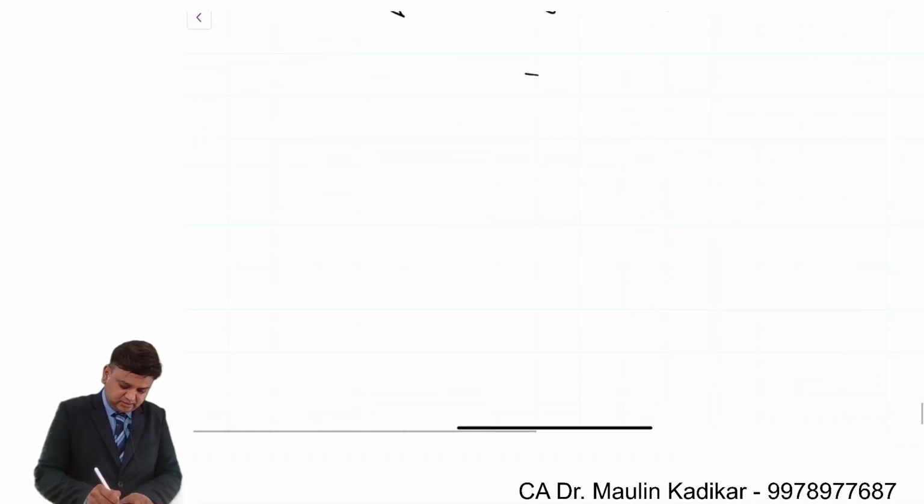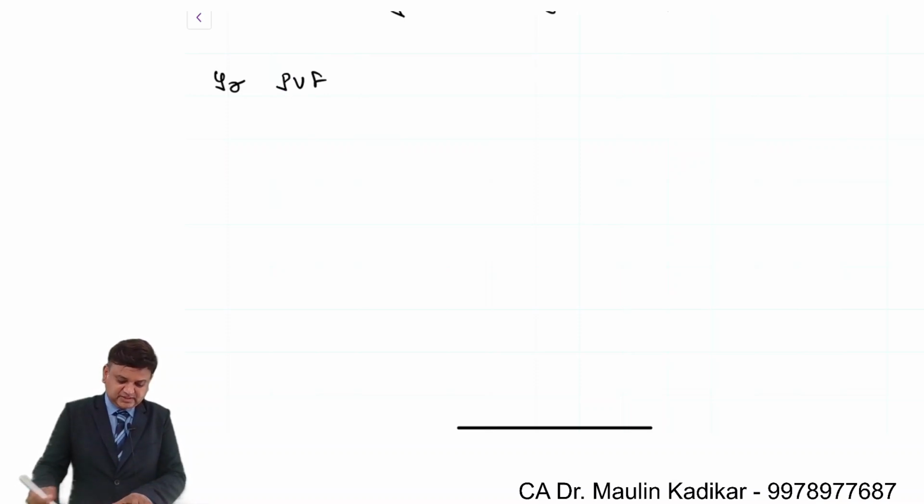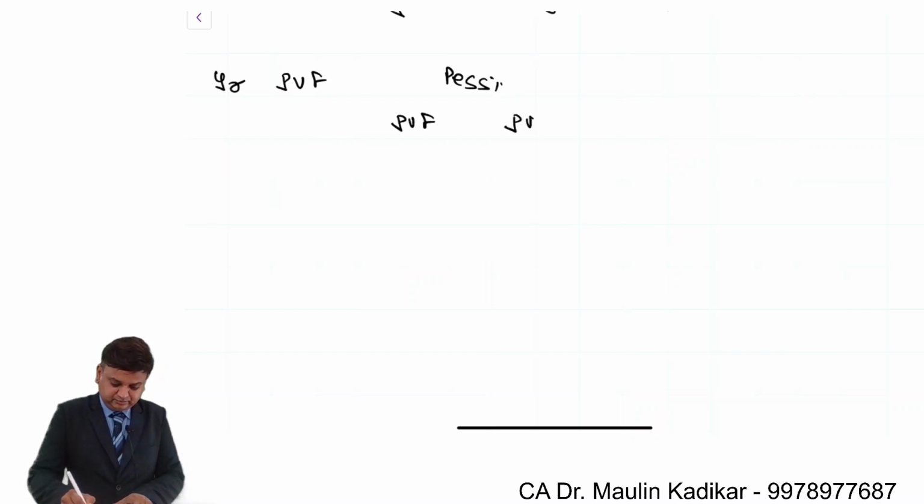So in that, again column number 1 is here, column number 2 is present value factor, next is pessimistic present value factor, present value cash flow, optimistic present value factor, present value cash flow.